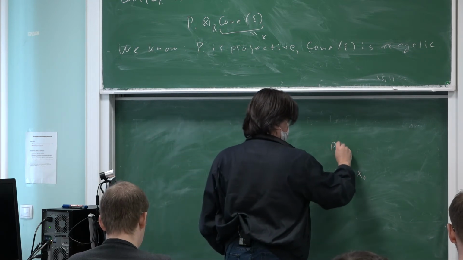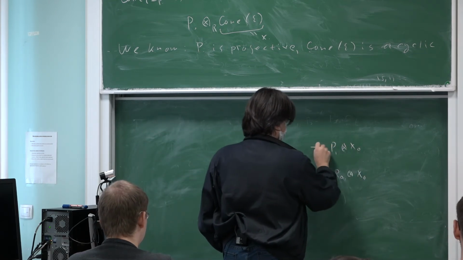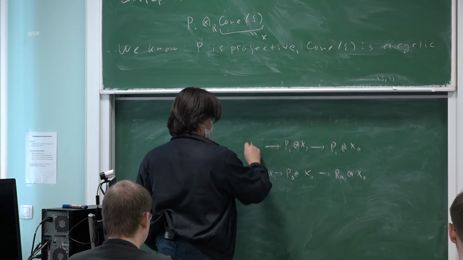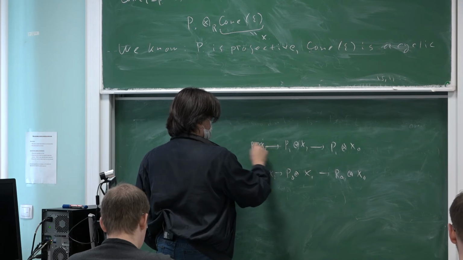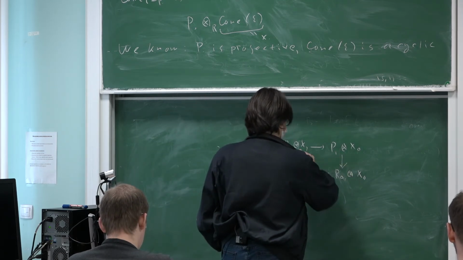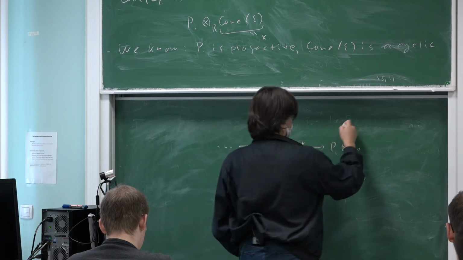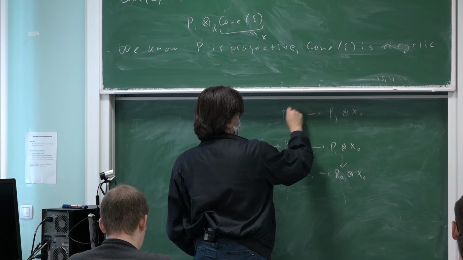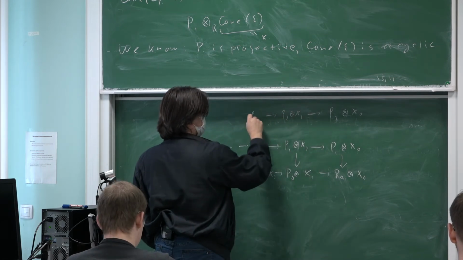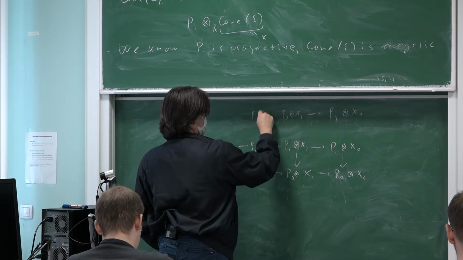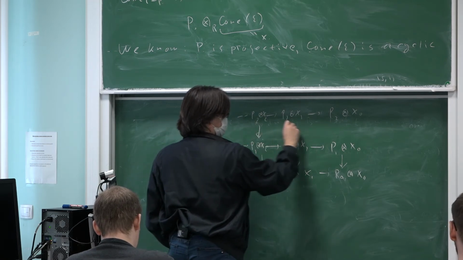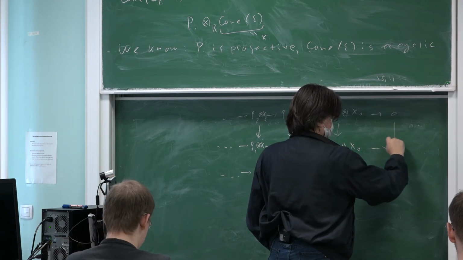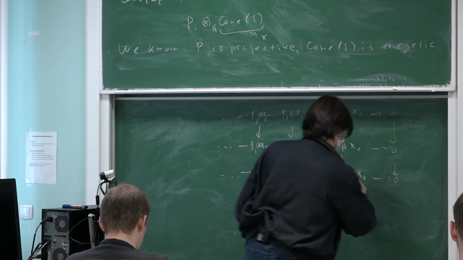Then P1 tensor X0, P1 tensor X1, P1 tensor X2, and so on. P2 tensor X0, P2 tensor X1, P2 tensor X2, and so on. Yes, and here zeros. And here zeros.